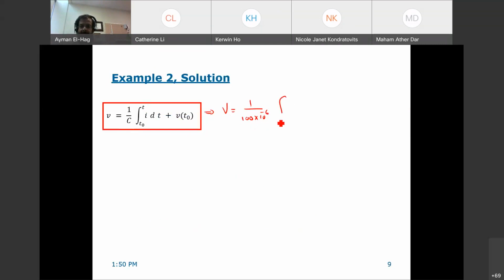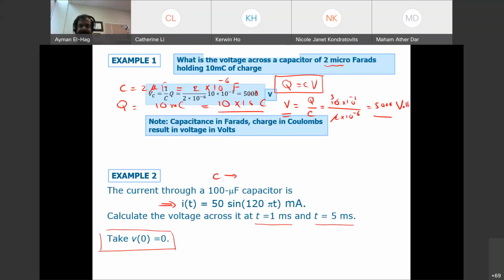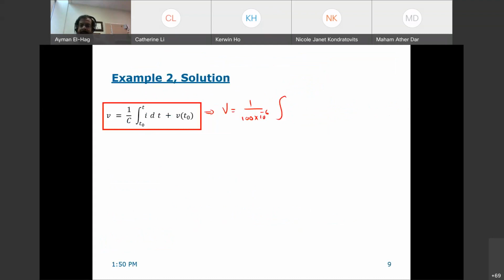Now here I want to find the voltage at t equal to 1 millisecond. So I will integrate from 0, which is the initial point, until 1 millisecond. Millisecond means 1 times 10 to minus 3.